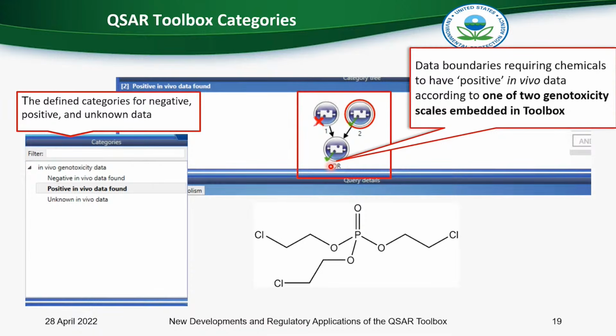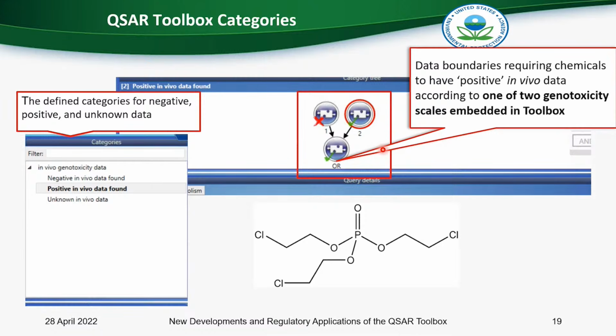So it's combined by this OR operator. If positive data is found in either of these 2 studies, a positive answer will be given back. And in this case, no positive data was found for gene mutation studies. See the big red X. However, there was a positive in vivo chromosomal aberration study found, and we see that green check.